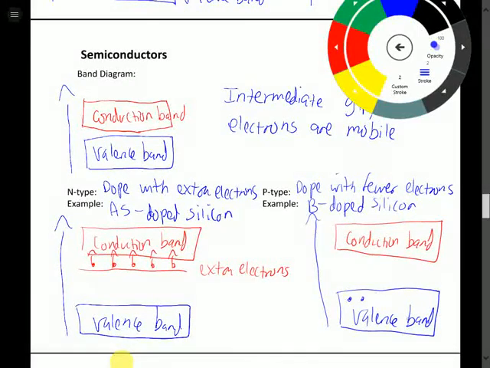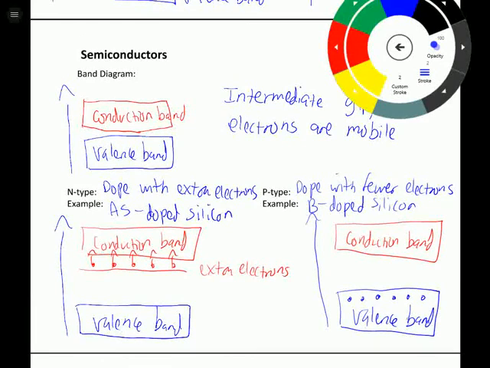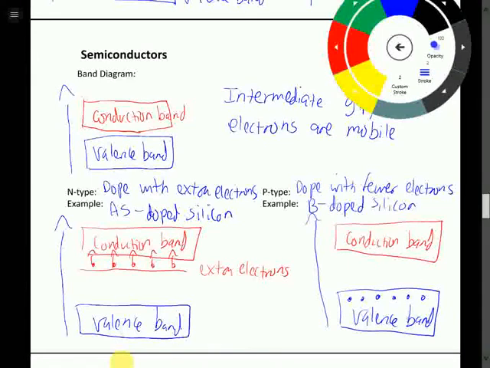So there's going to be some partially filled orbitals. Each orbital can hold 2 electrons, and now we're going to have some that only have 1 electron. And that creates then spaces for electrons to move into, because each electron can then hop into that empty space and transport through the structure. So these are called holes. And basically these are just extra positive charges in the structure.